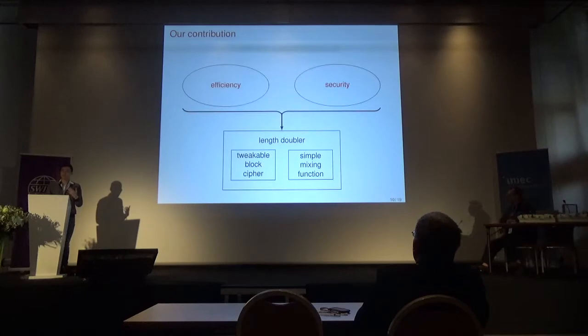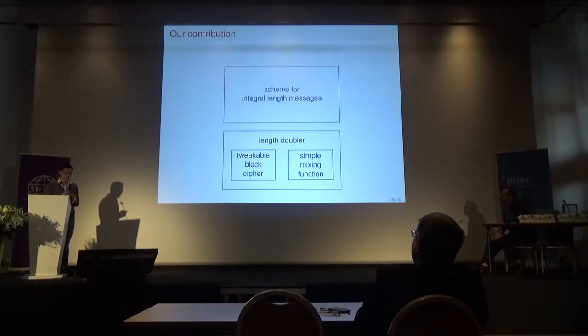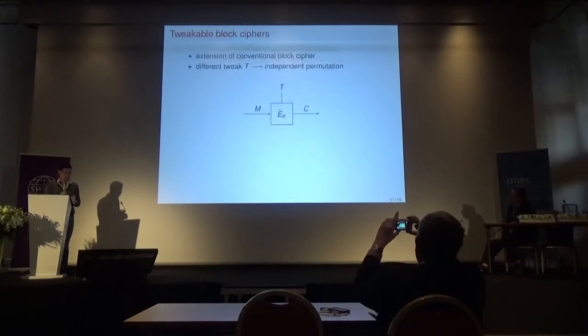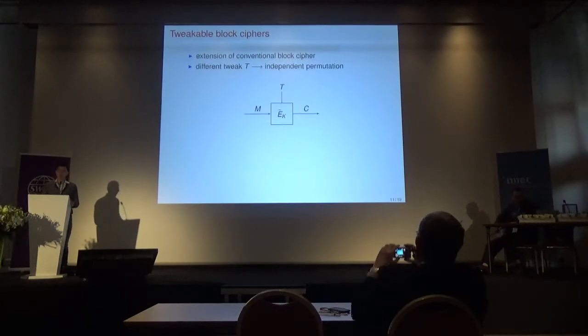So it's easy to encrypt a message of 200 bits, but what if I have a message of 400 bits? So in our paper, we combined our construction with a scheme for integral length messages to achieve a scheme for arbitrary length messages. So, an explanation about the building blocks.